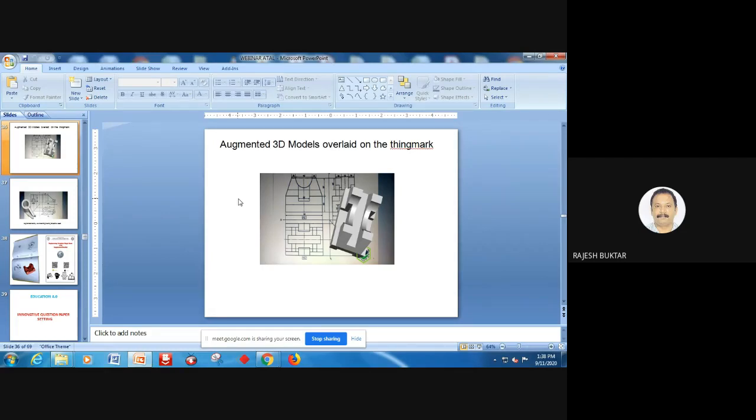So I went a little out of the way to understand this technology. I had a little understanding about virtual reality, and therefore I was able to build all these AR applications in engineering.